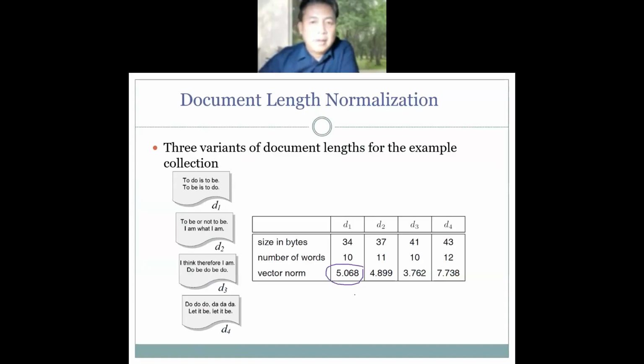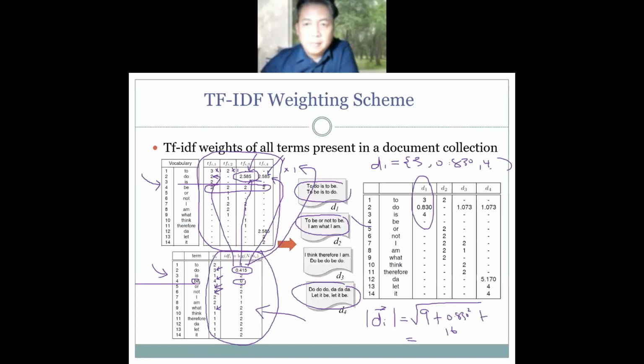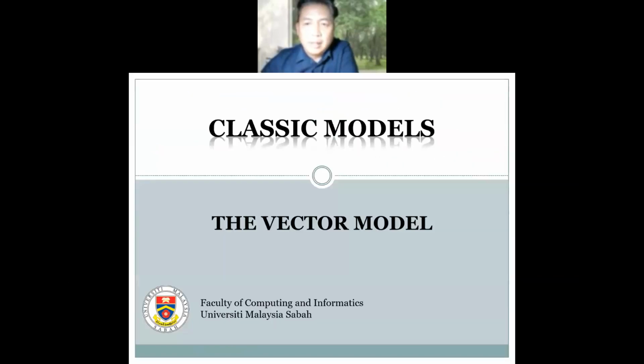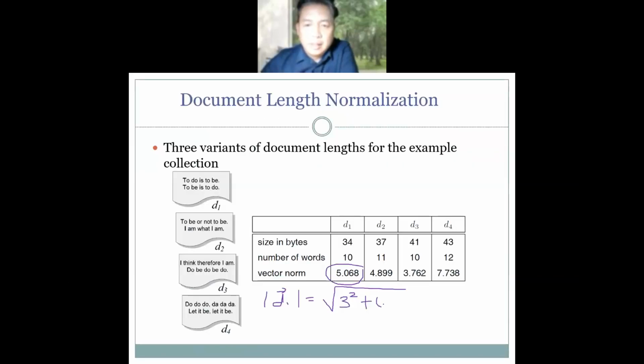And that value is this one. How do we get it? In document 1, this is the vector and the size will be the square root of 3 square plus, what was it again, 0.83 square plus 4 square.